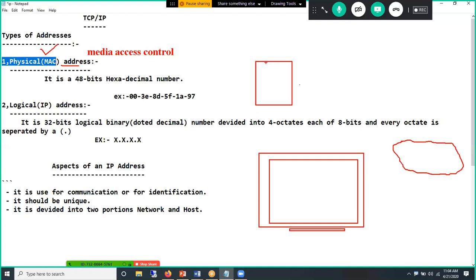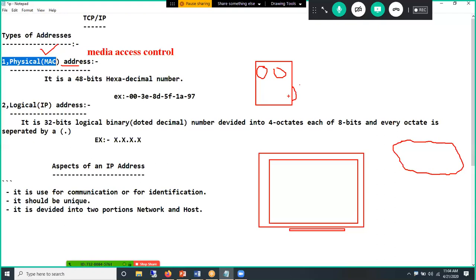Maybe I have 3 bedrooms and a very big hall. We cannot keep the address inside our home. I'm not going to put the address on my bedroom or hall. The address is available on the main gate. The place from where traffic enters or exits your home, in that place we mention some kind of address.